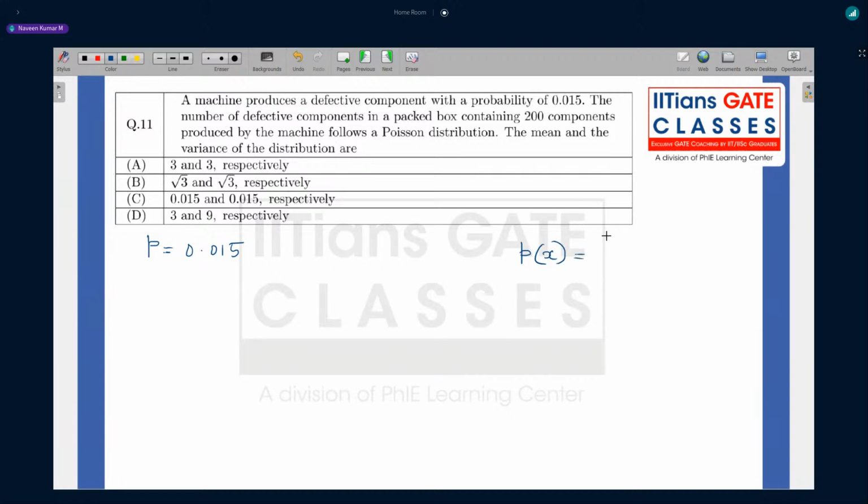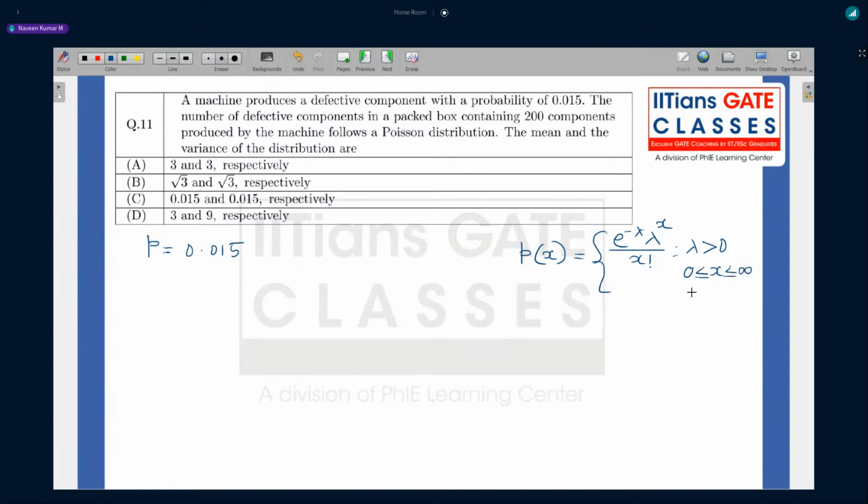P of x is equal to e to the power of minus lambda into lambda to the power of x divided by x factorial, if lambda is greater than 0 and x lies between 0 and infinity.